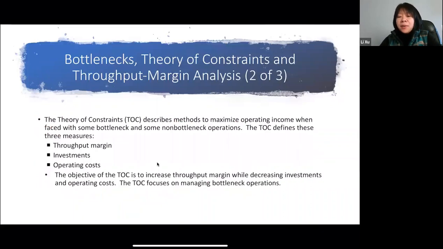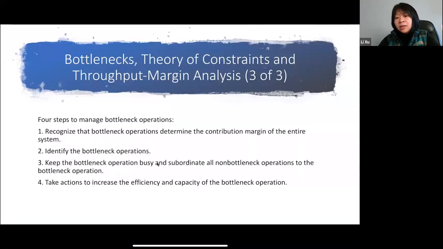So this bottleneck can happen in multiple stages of the production. Therefore, how are we going to solve questions when you have a bottleneck? What's the best way for us to maximize our operating income? We have a couple of steps. First, we have to recognize we do have a bottleneck problem, and we also want to look at the contribution margin for the entire system and also at each stage.